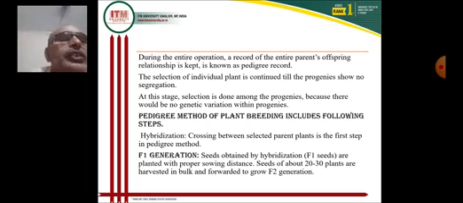The F1 seeds obtained by hybridization are planted with proper sowing distance. Seeds of about 20 to 30 plants are harvested in bulk and forwarded to grow F2 generation.